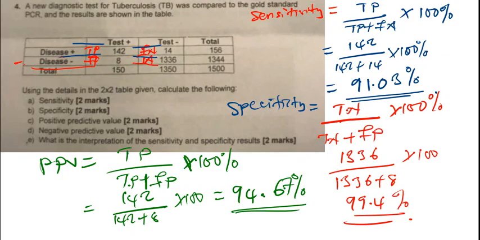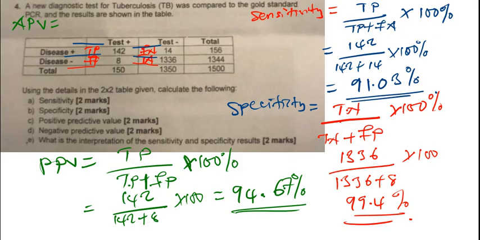Okay, now we also have what we call negative predictive value. So we call it NPP or NPV. So NPV is given by, again, we are now looking at the test that gave us negative.